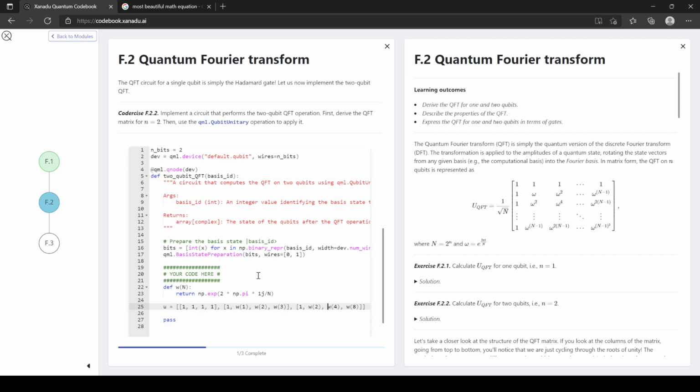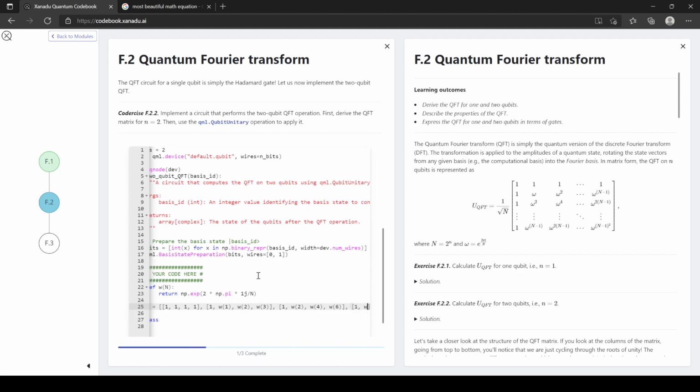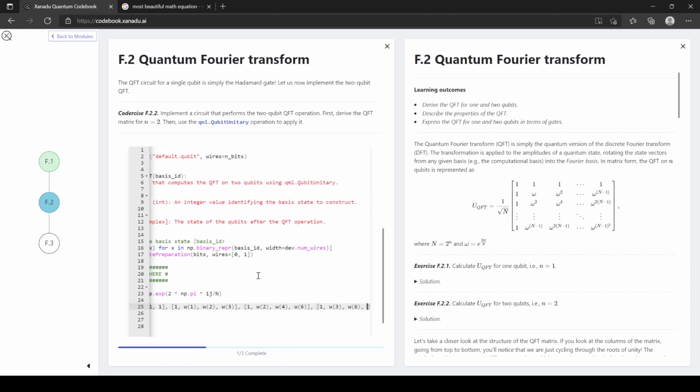I'm trying to do this quickly and it's not going. 2 times n minus 1 is 6. Now we have W of n minus 1, which is 3. W of 2 times n minus 1, which is 6. And we have W of n minus 1 squared, 9. Okay.